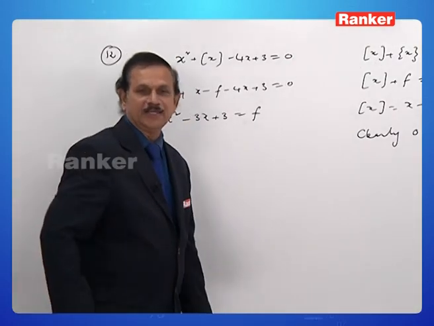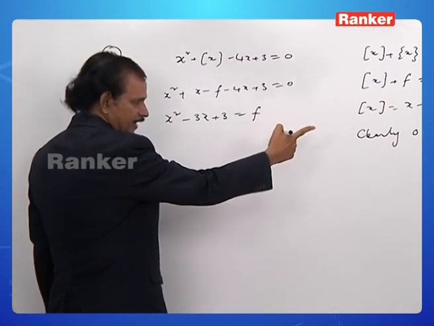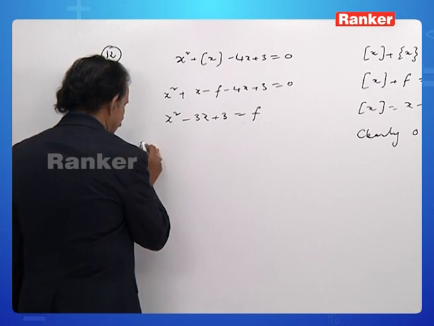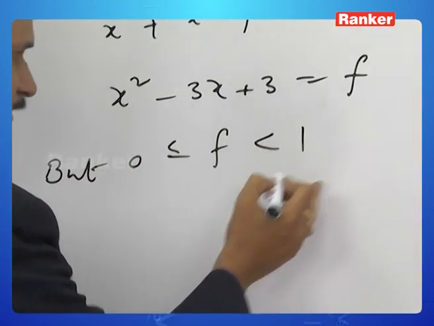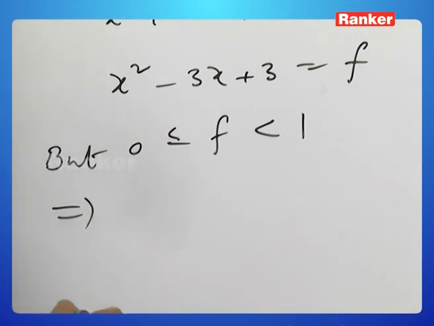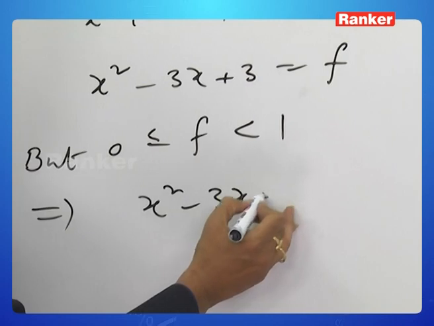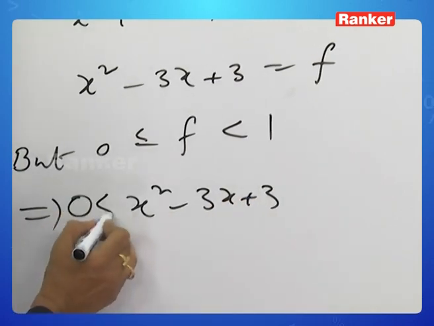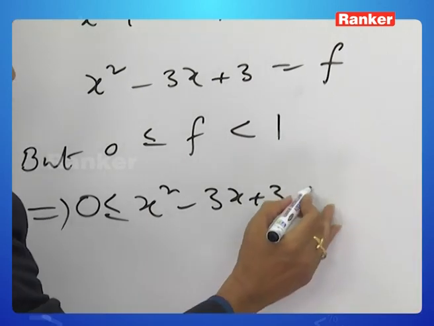But we know that 0 is less than or equal to f less than 1. That is, in the place of f we can write x square minus 3x plus 3, which lies between 0 and 1.